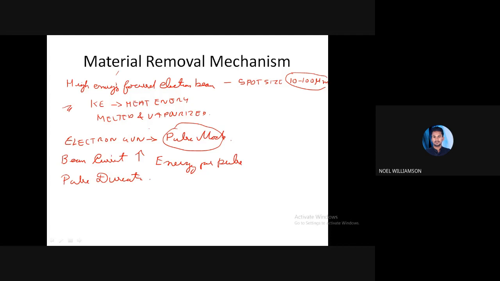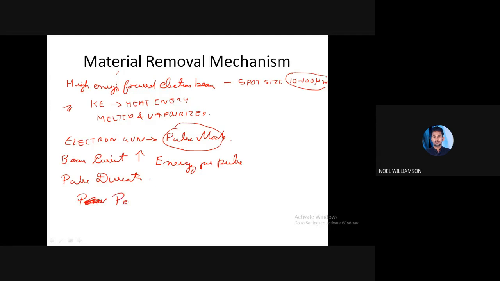When the pulse duration is larger, the energy per pulse will also be increased, so higher penetration is possible. As the energy increases, whether through beam current or pulse duration, the penetration will be increased.